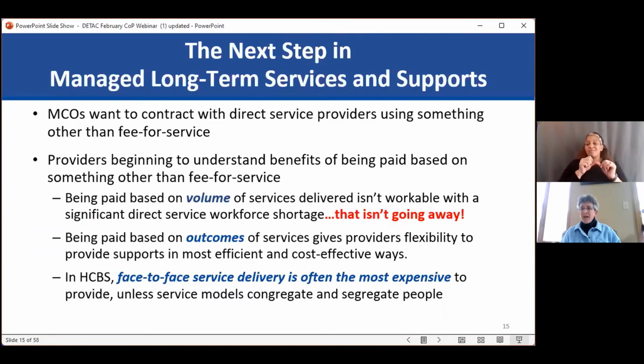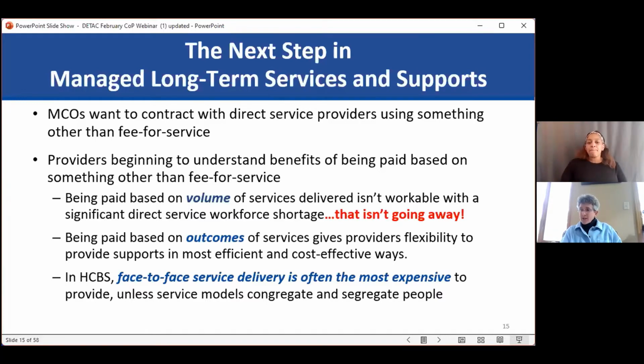So being paid for outcomes of the services that you provide gives providers the flexibility to provide the service in the most efficient and cost-effective way, so they can serve more people with the limited direct service workforce they have.